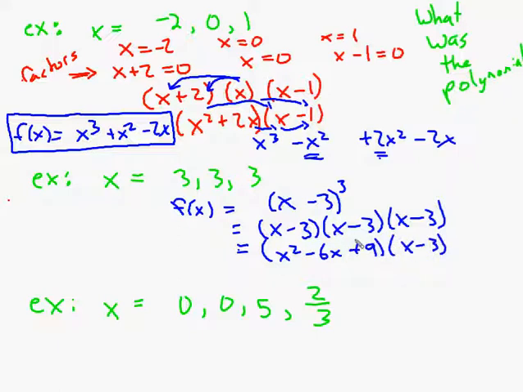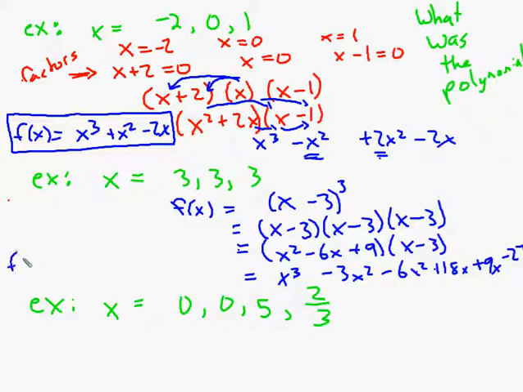Hopefully you get so used to multiplying these you see the patterns and how they come together. If not, that's okay. It just means you'll do a few extra steps. And now I'm going to multiply this into the x minus 3. Don't drop your parentheses. So I get x cubed minus 3x squared minus 6x squared plus 18x plus 9x minus 27.